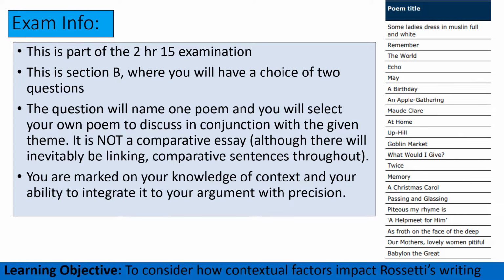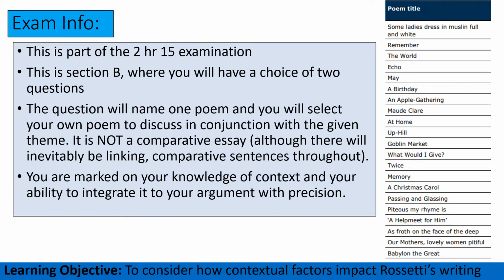It is, however, not a comparative essay, which is very different to part A. Part A is marked on comparison, with a great deal of marks given for comparison. This one is not.